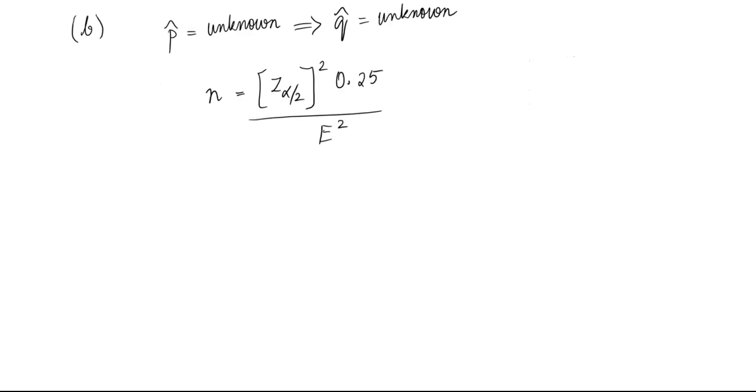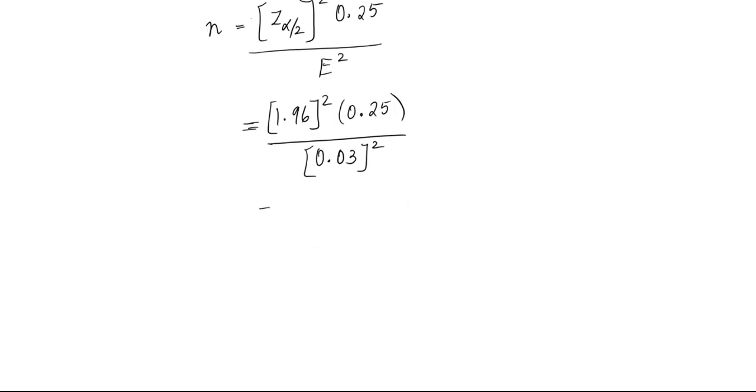So your Z alpha over 2 will still be 1.96 squared times 0.25 divided by E, which was 0.03 squared. And that gives us 1067.11. You can pause the video, calculate it, and have the practice yourself. It's 1068 when you round it up. Here we had a 0.11, we had to round it up.